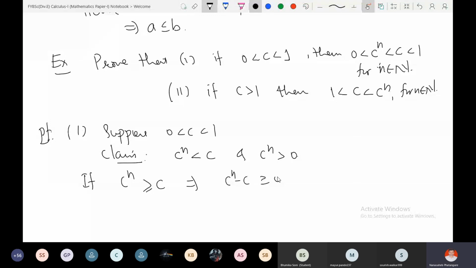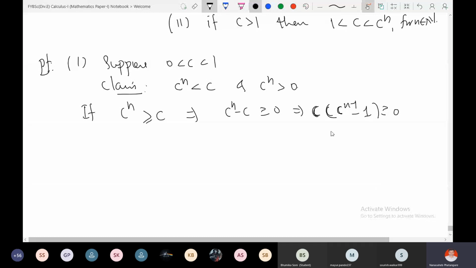But we can factorize this. I can factorize this in this way. This is greater than or equal to 0. You can use induction also. Suppose for n minus 1 it is true, then this product is positive.